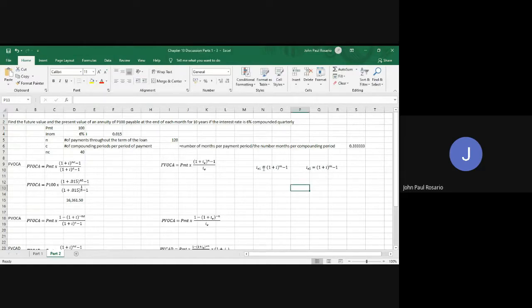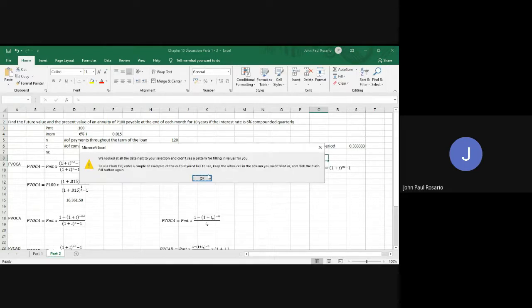Okay, so for our IE1, this will pertain to the original interest compounding, or our original compounding periods.